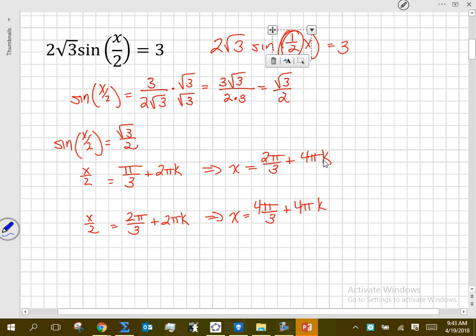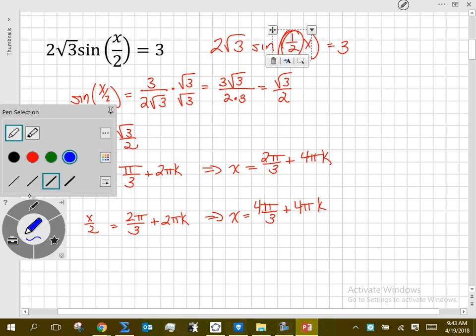I can't let n be a fraction, because then n minus 1 is not going to be an integer, so we can't use it in the fashion that we used it in the last question. Usually what they're going to do with these types of questions is give you the interval that they want you to solve your answer for. So let's say that they're looking for solutions just between 0 and 2 pi, okay?